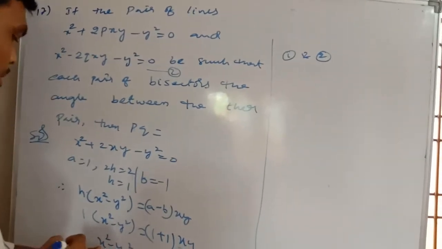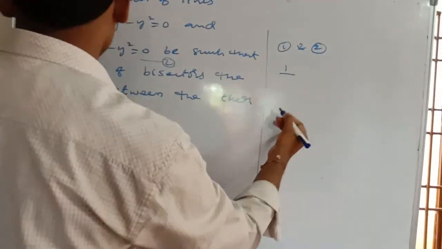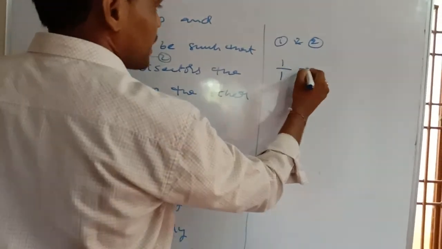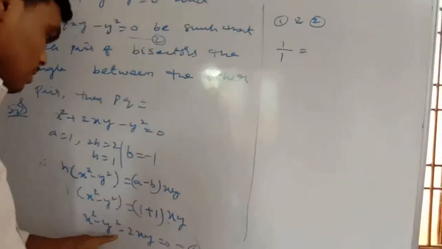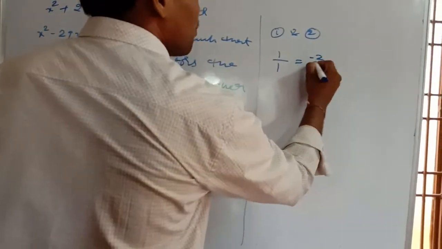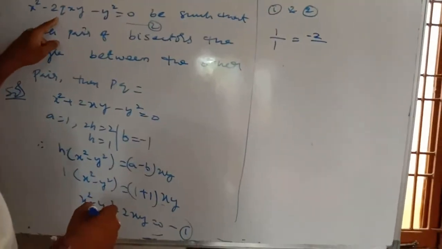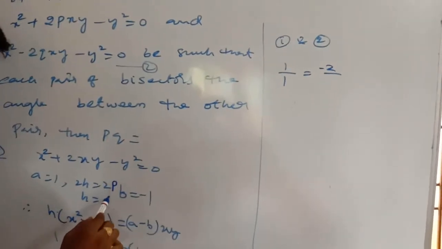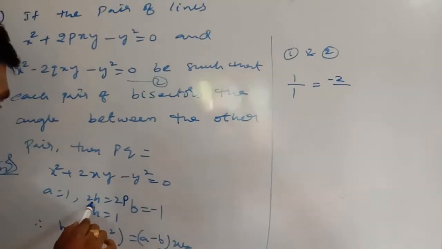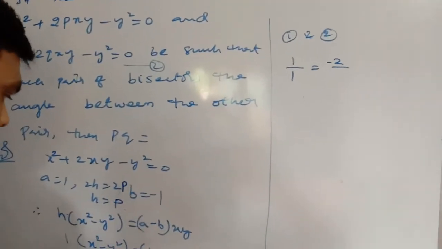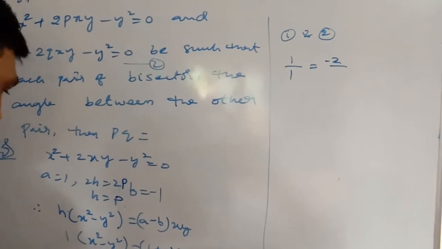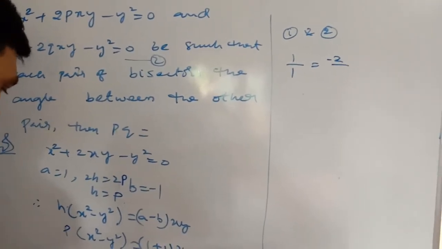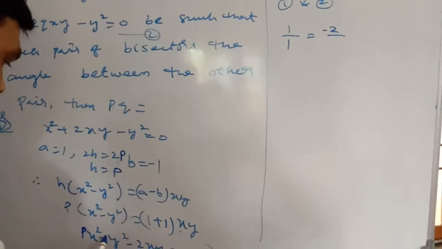That means the x square coefficient is 1 by the x square coefficient 1, is equal to the xy coefficient minus 2 by the x square coefficient, minus wait. See the small mistake. 2h is equal to 2p, h is equal to p. That means h is p, px square minus py square.